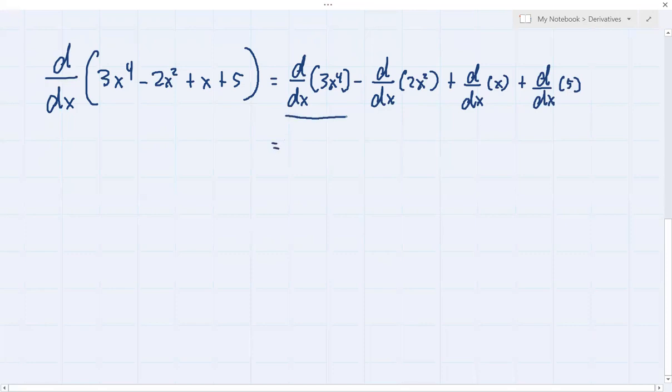Sa first term, the derivative of 3x raised to 4. Anong gagawin natin dito? As you can see, meron tayong constant na 3 at meron tayong algebraic function na x raised to 4. Okay? So anong gagawin natin? So, we will copy the constant, then get the derivative of the function x raised to 4.